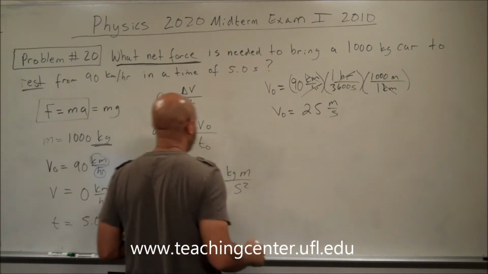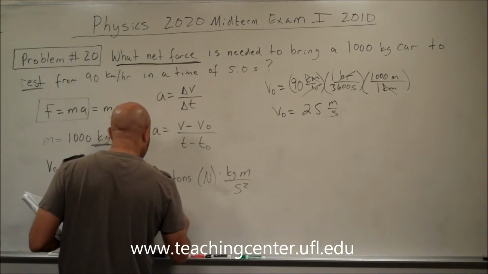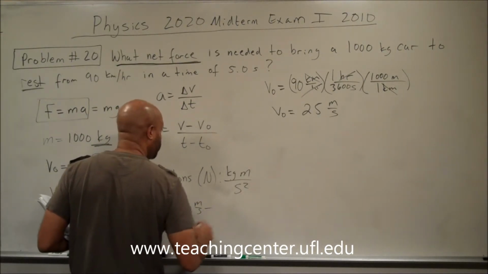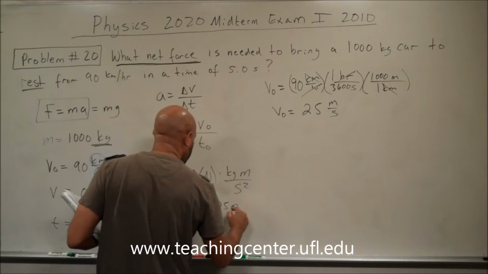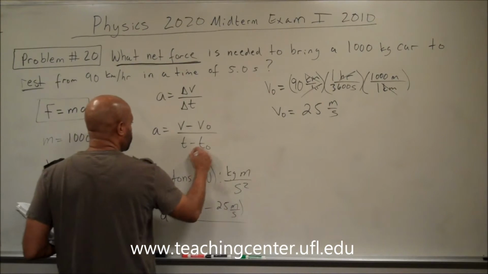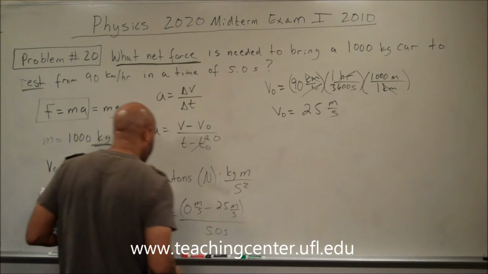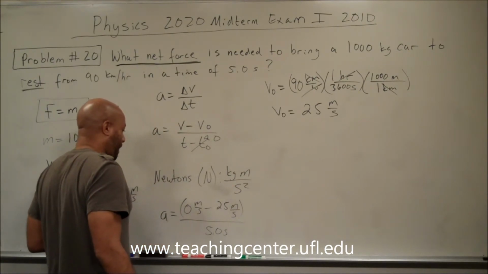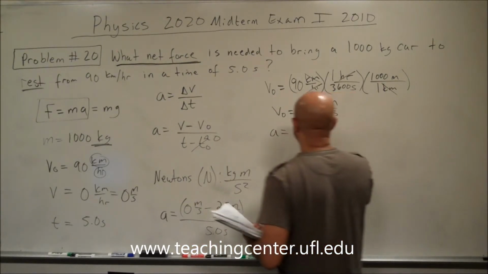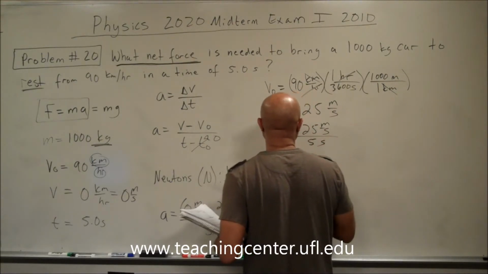Going back to our equation for acceleration, our acceleration is going to be our final velocity, which is 0 meters per second, minus our initial velocity, which is 25 meters per second, divided by our time. Our initial time is 0, so our final time is just 5.0 seconds, right? So our acceleration is just going to be minus 25 meters per second divided by 5 seconds.